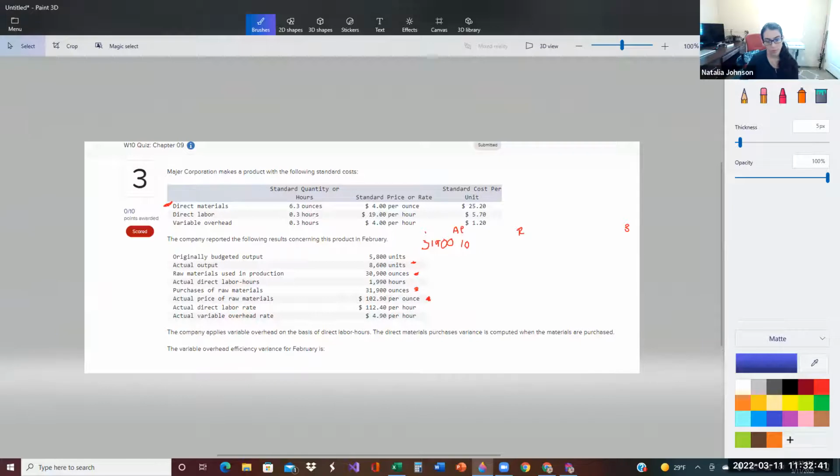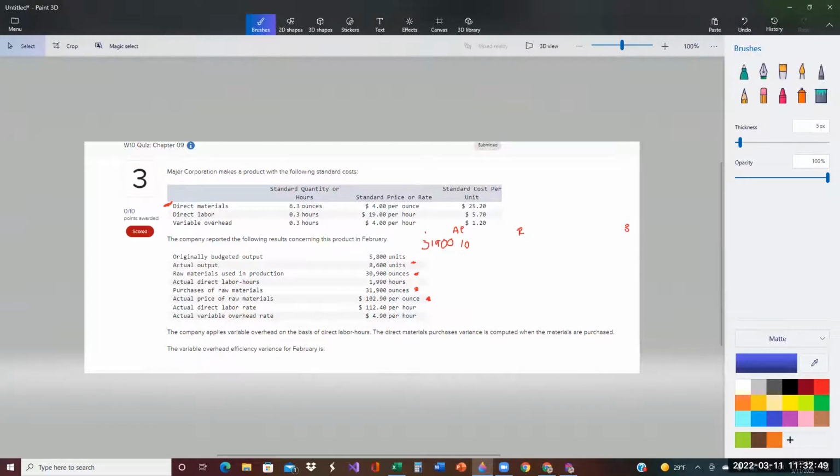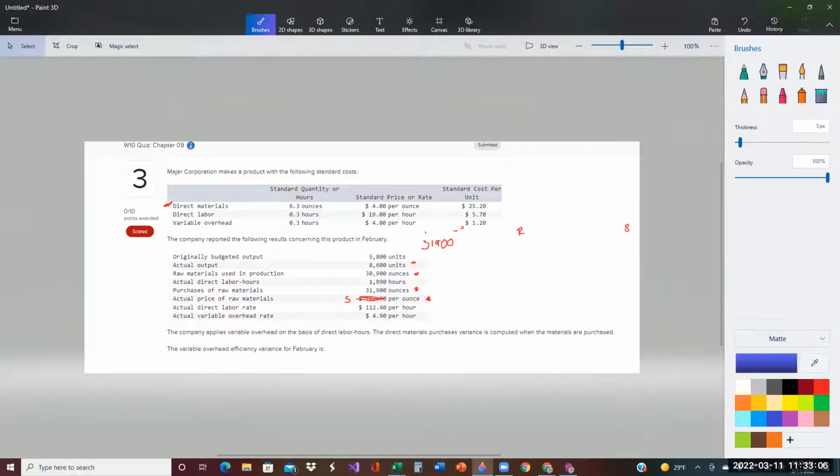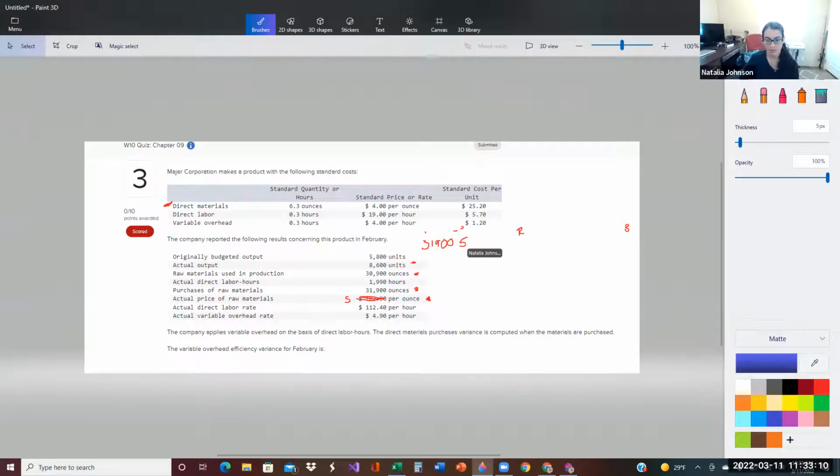That's too small. This is a really bad question. I think that's a mistake. Let's pretend that it says $5. It doesn't make any sense that 1 pound is $102. You're in the millions on the price.